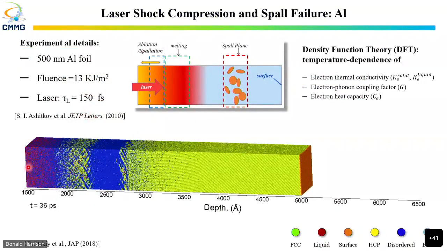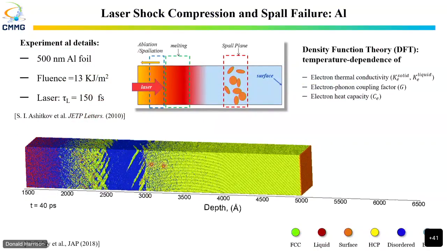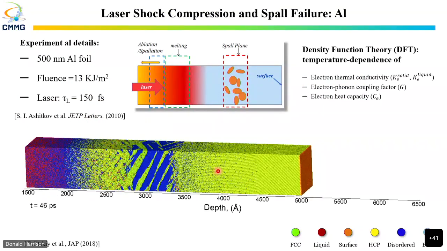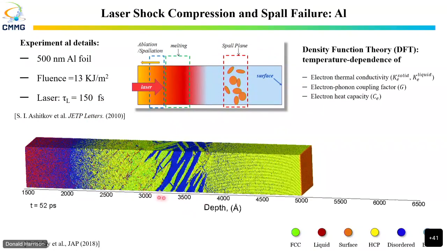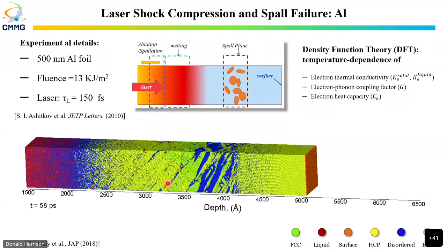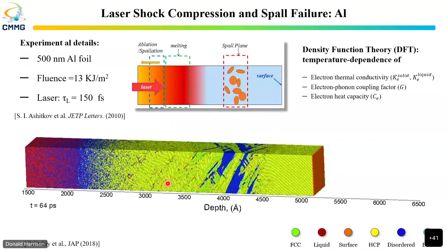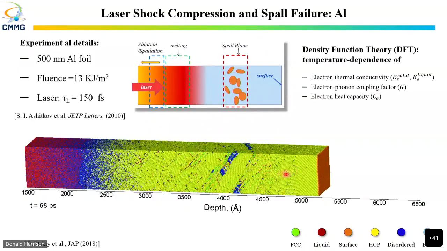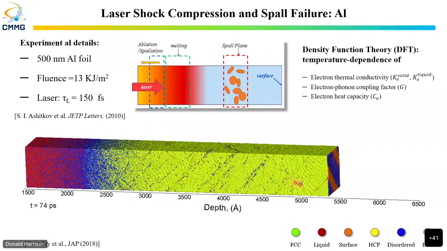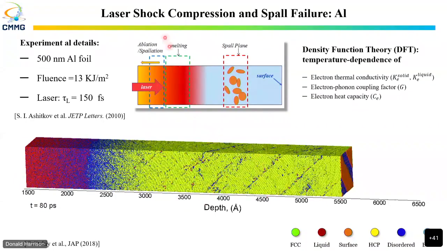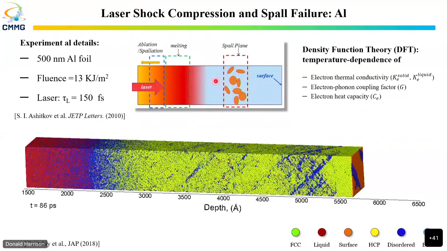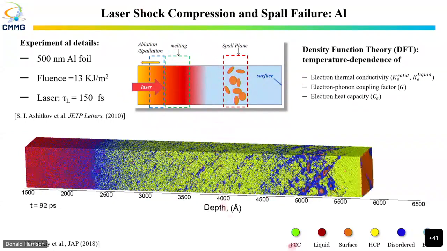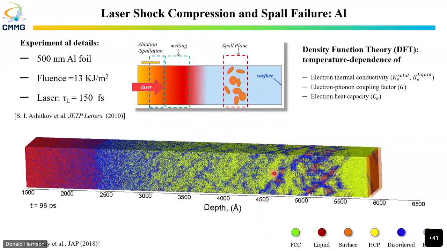All of this is ablated material that is pushed out, and the shock wave is generated. Aluminum EAM for this orientation actually shows a BCC phase, which is an artifact of the potential, but that goes away as the wave hits the back end of the material, and you start seeing the phenomenon of spall failure. The idea is the tail of the wave and the release wave interact to create this region of tensile stresses where you start nucleating voids.